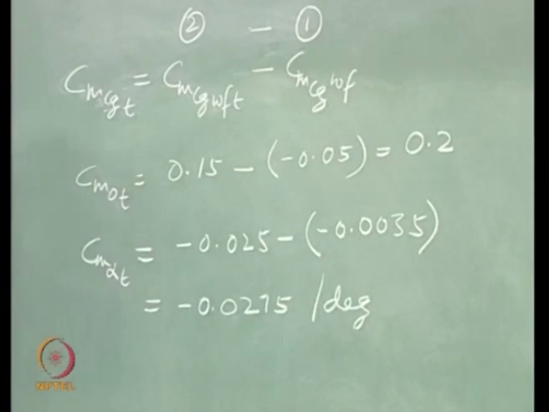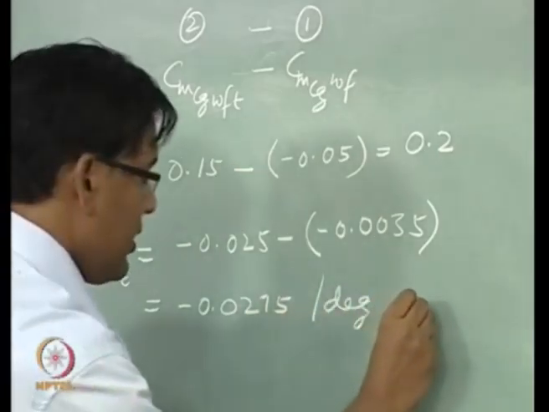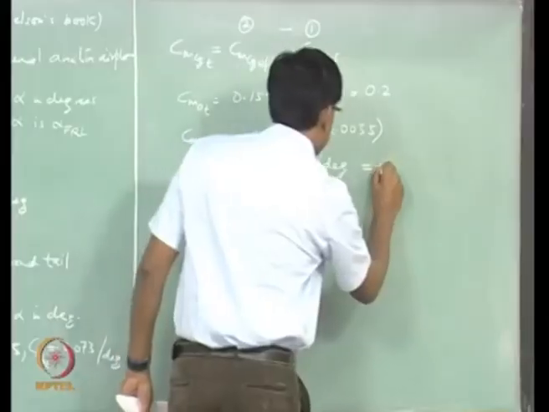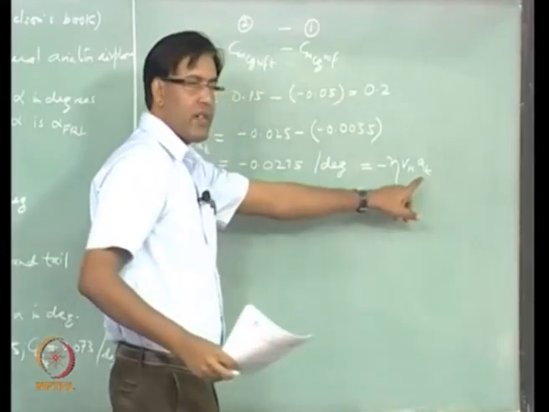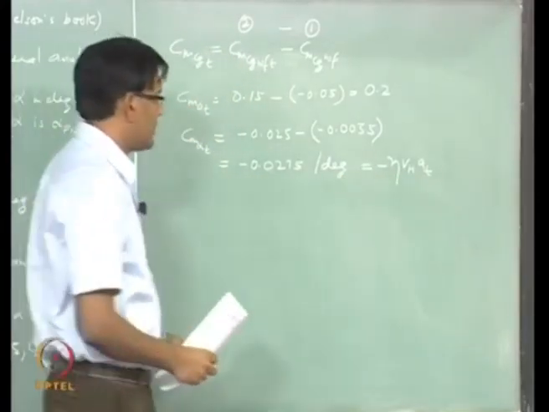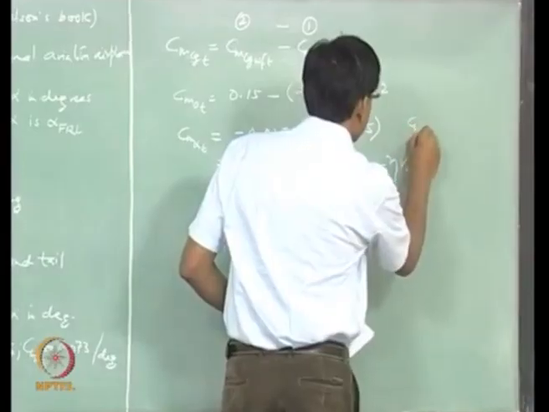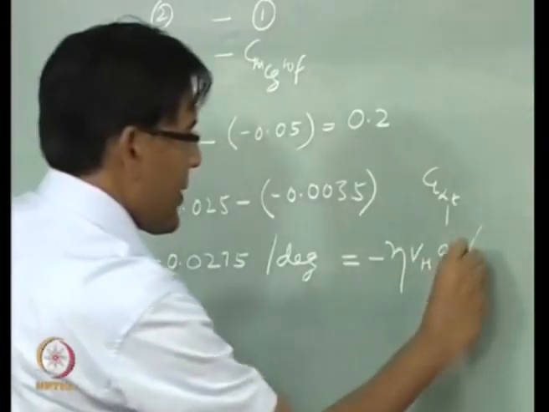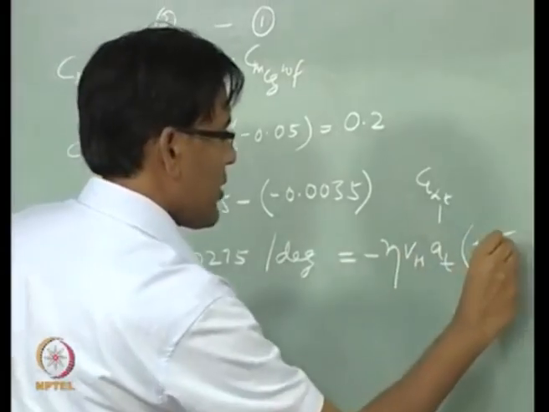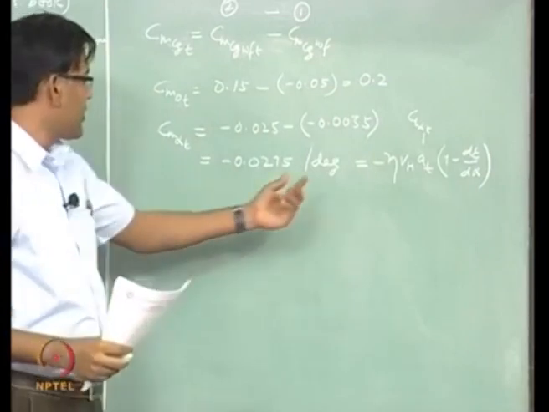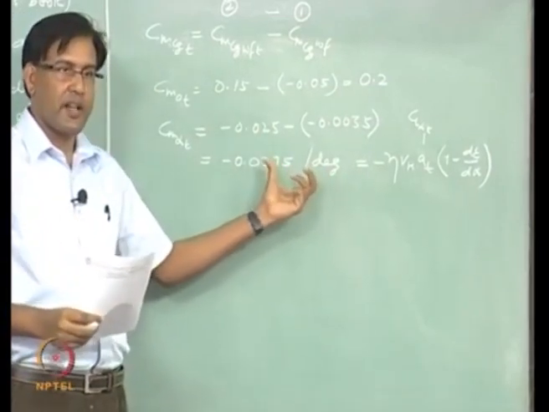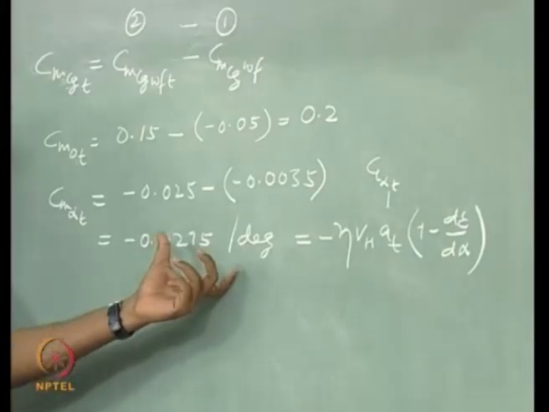And this is per degree, okay. So this should be equal to minus a_t, the lift curve slope of the tail, which is also C_L alpha tail. And before you can do that, you have to convert this to per radian, right.